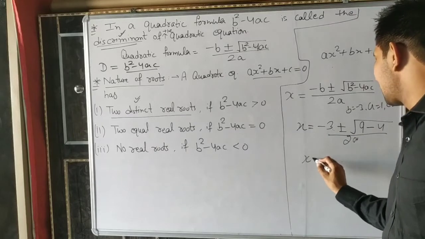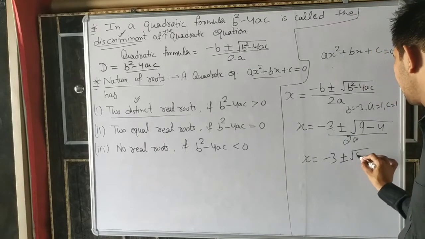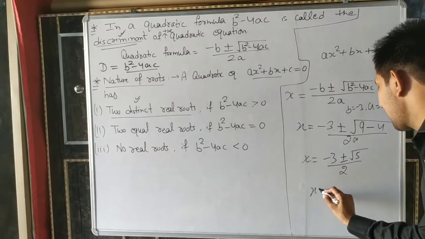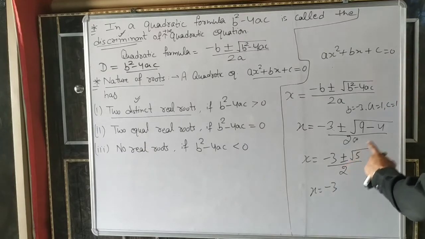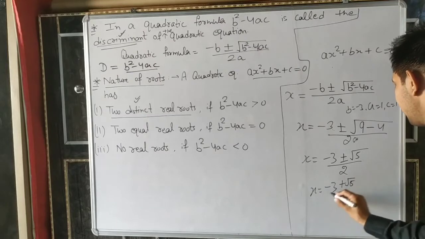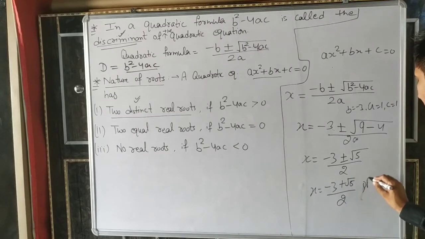So tell me what the real roots are. x equals 3 plus minus root 5 divided by 2. One time we take positive and one time negative: x equals 3 plus root 5 divided by 2, or x equals 3 minus root 5 divided by 2.